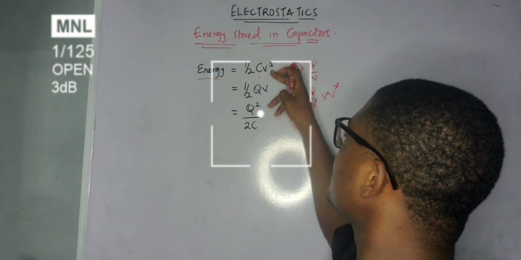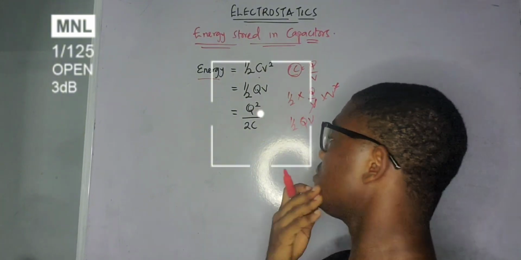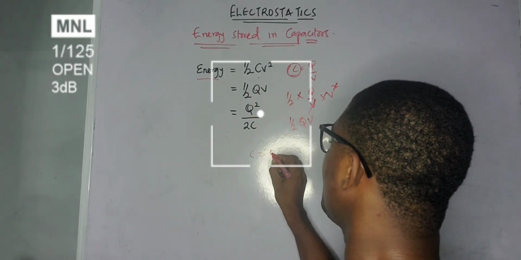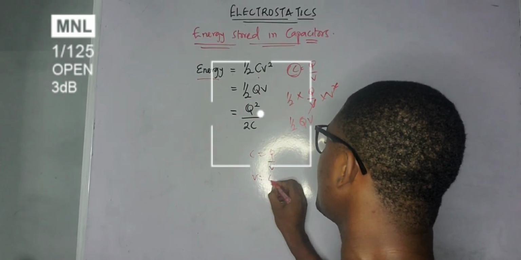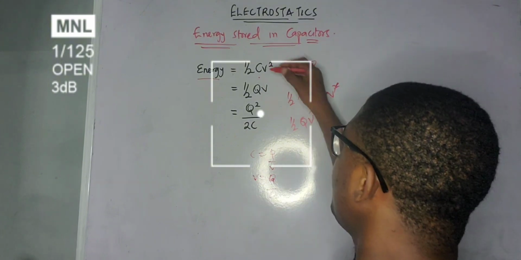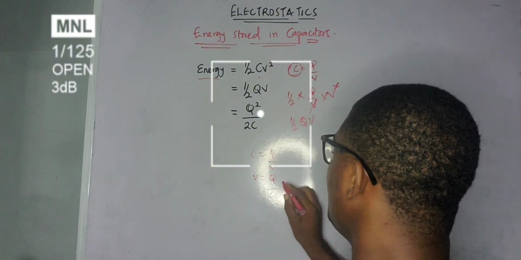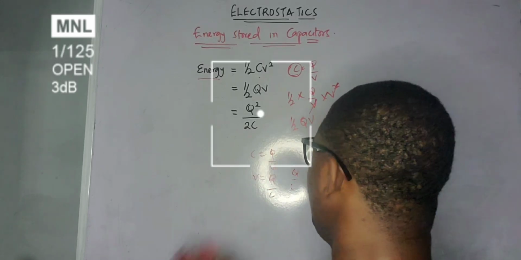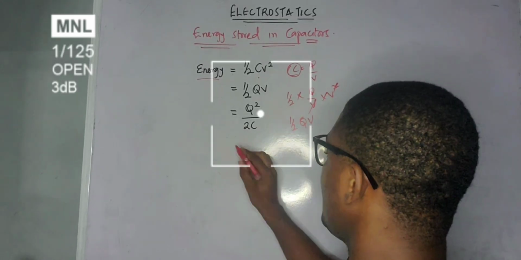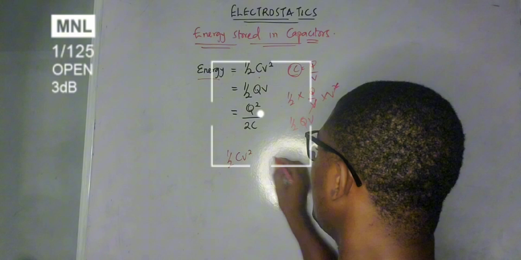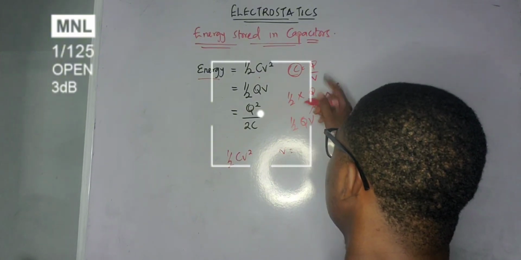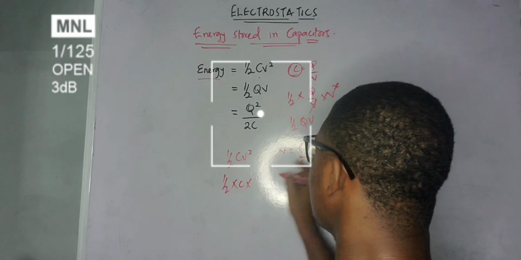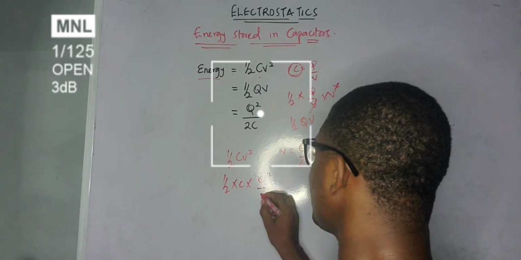We can also replace this V. You know, we have C equal to Q over V, so we can say V equal to Q over C. If we place this V in 1 over 2 CV squared with Q over C, we can now say 1 over 2 times C times Q squared over C squared.